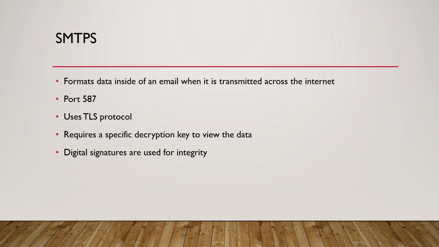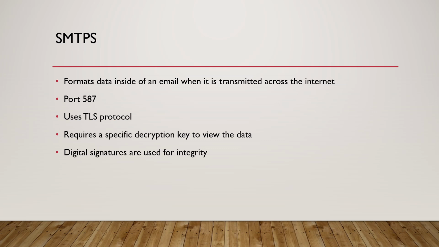When it is being scrambled, it is segmented into smaller bits as it travels, and it can't be reconfigured without a specific decryption key. That decryption key is the only way to unscramble the data so that you can view it, and only a verified recipient is allowed to view that data.